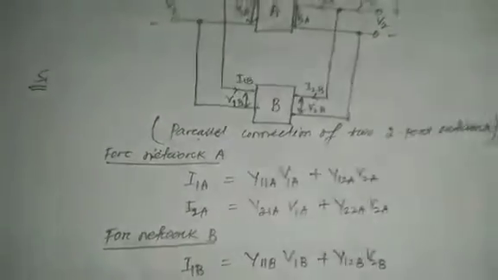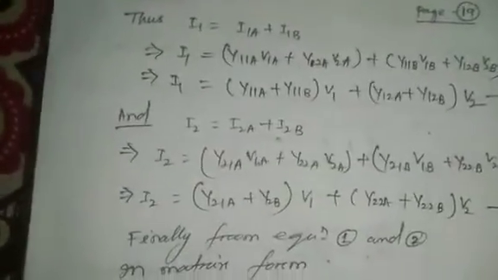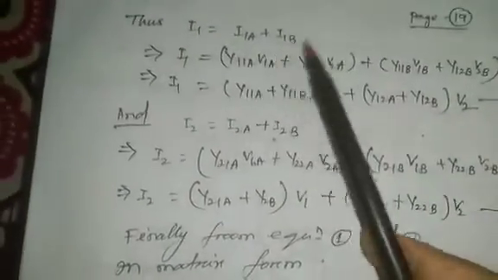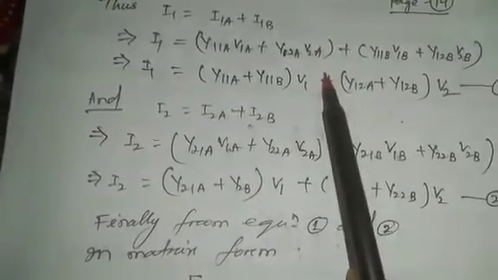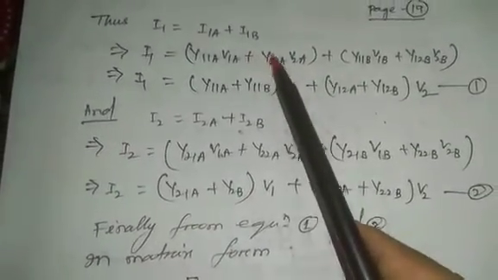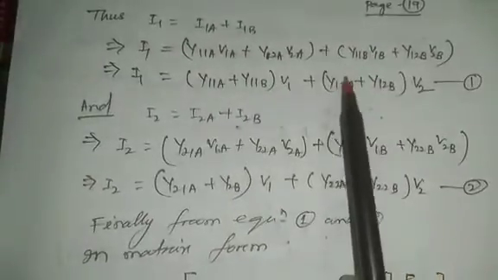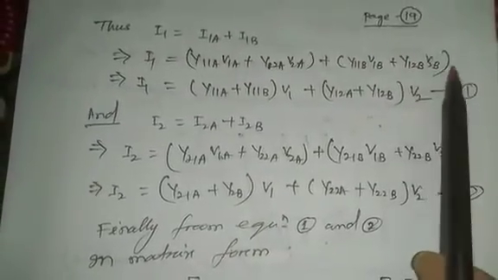You just put it here. So I1 is equal to, in place of I1A, y11A V1A plus y12A V2A. Similarly, what is the equation for I1B? For the B network, y11B V1B plus y12B V2B.